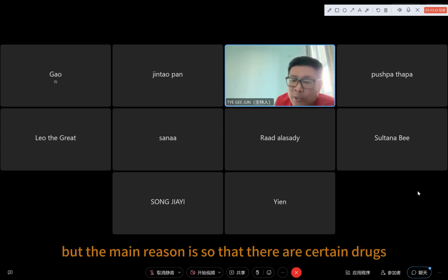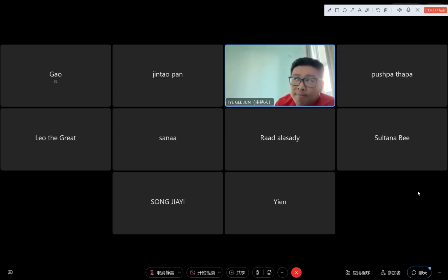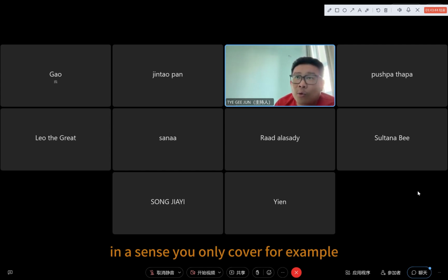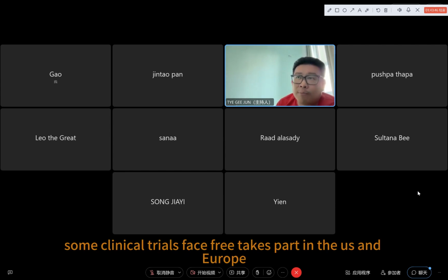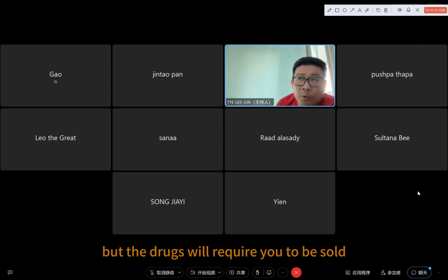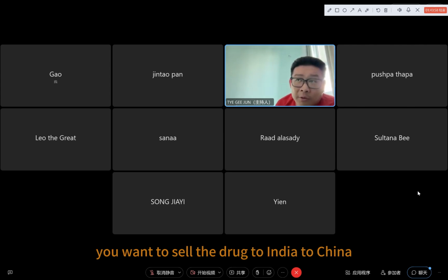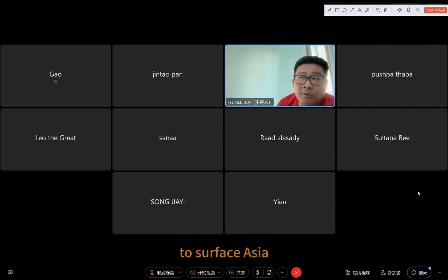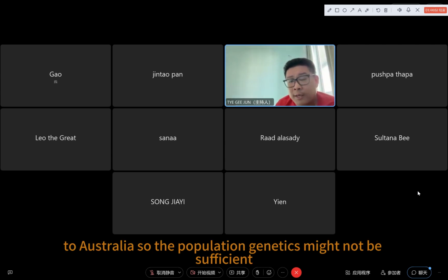But the main reason is that certain drugs must be tested more widely, because you only cover, for example, some clinical trials, phase 3 takes part in the US and Europe. So at the end of the day, you're still covering Caucasians, right? But you want to sell the drug to India, to China, to Southeast Asia, to Australia. So the population genetics might not be sufficient.